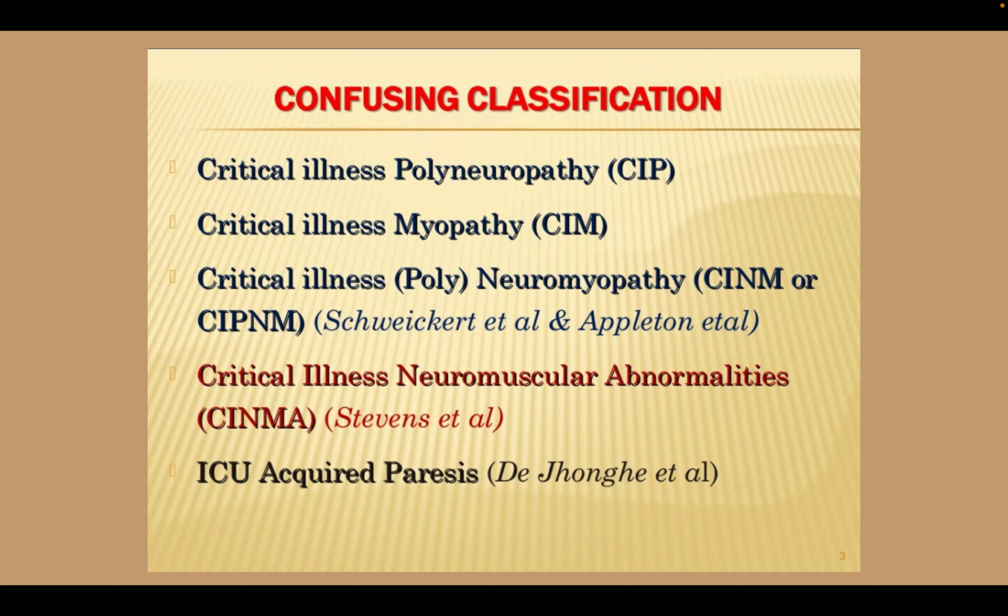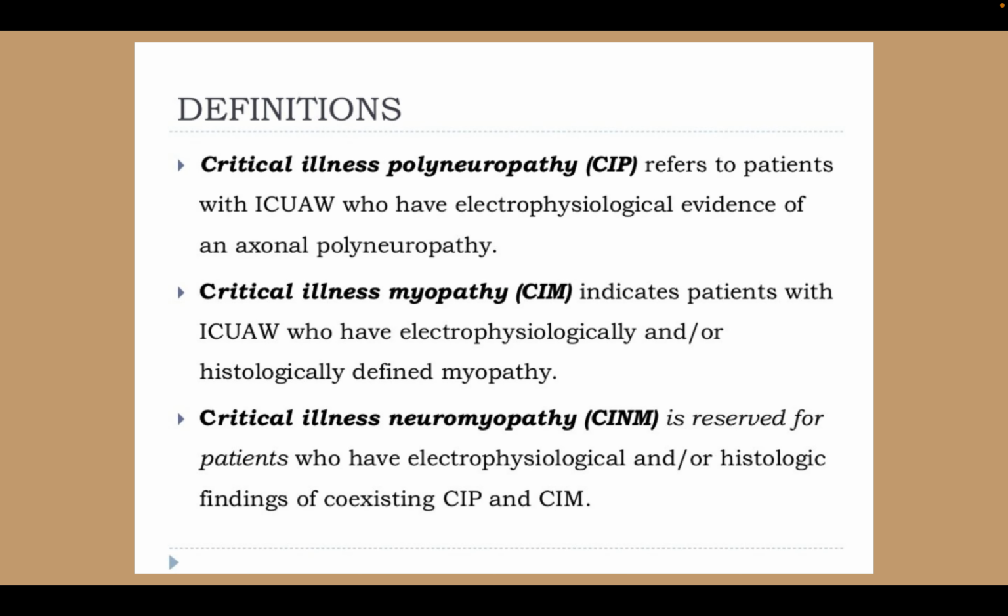You would find a lot of confusing classifications in the literature, starting from critical illness polyneuropathy, that is CIP, critical illness myopathy, that is CIM, CINM or CIPNM, that is critical illness neuromyopathy, critical illness neuromuscular abnormalities, and of course ICU acquired paresis. There are various authors and papers where this nomenclature exists.